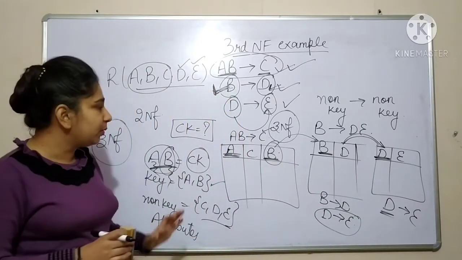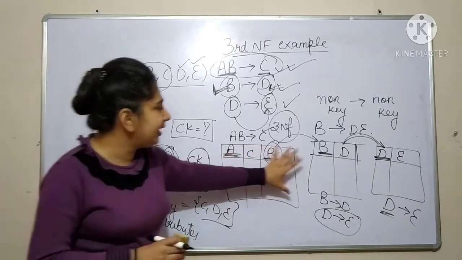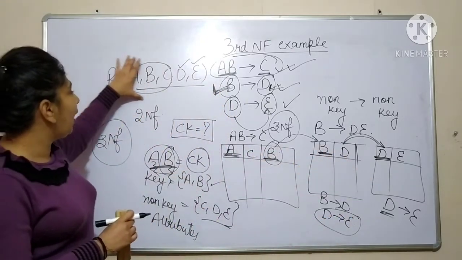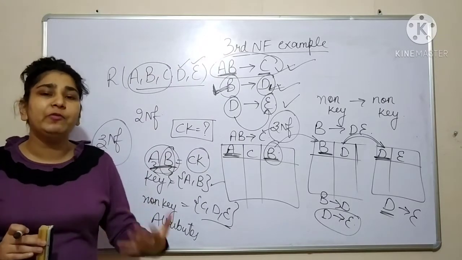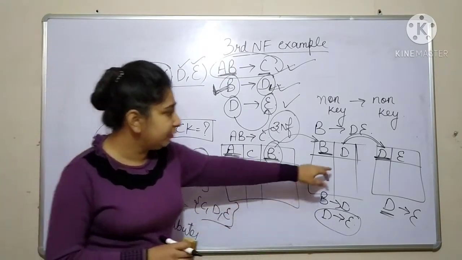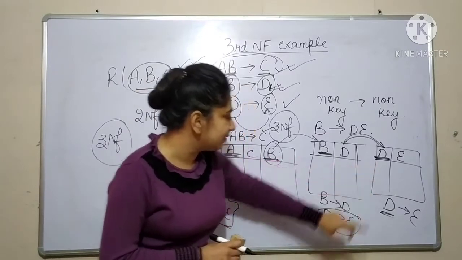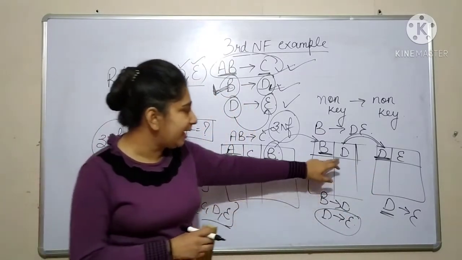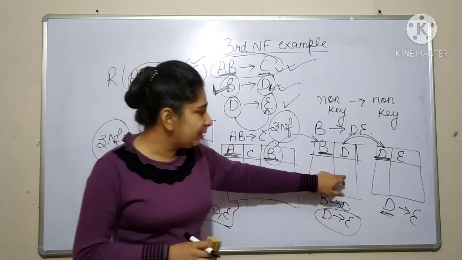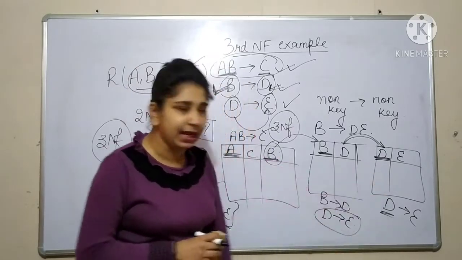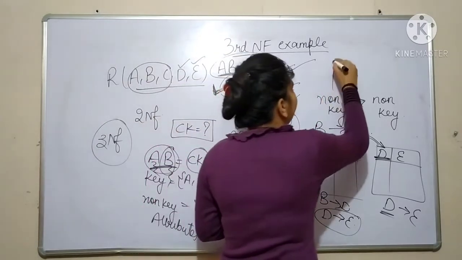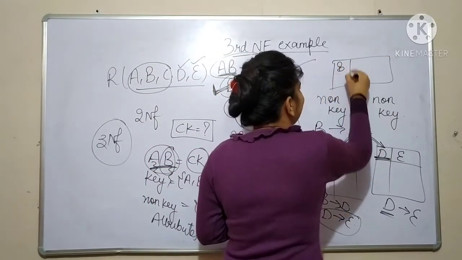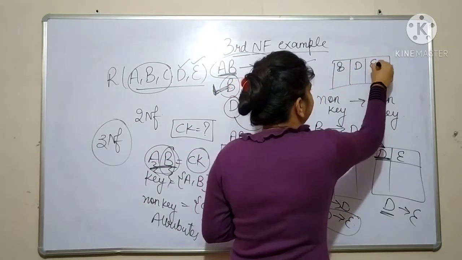If I have to combine these three relations into one relation, the original relation, how will we be doing it? Firstly, if you look at these two relations, we have one common attribute D. So we will be combining these two tables and making one new table in which these three attributes are present.